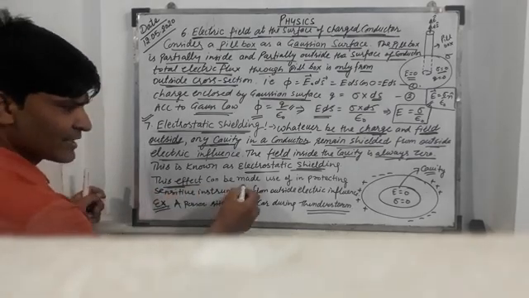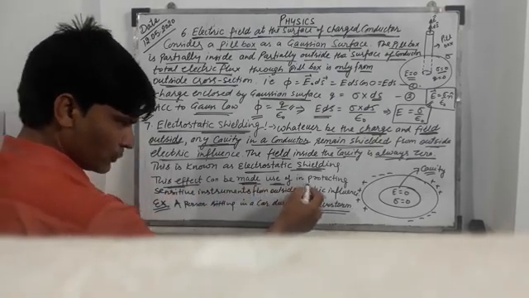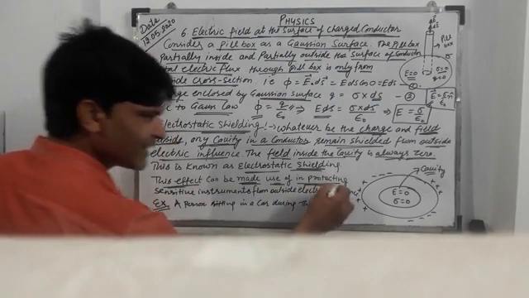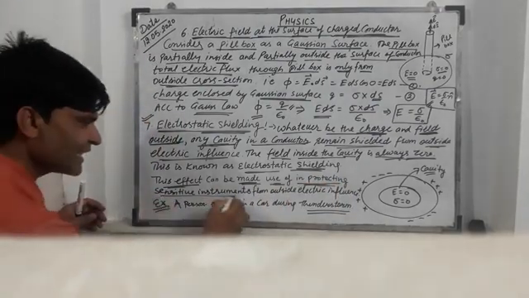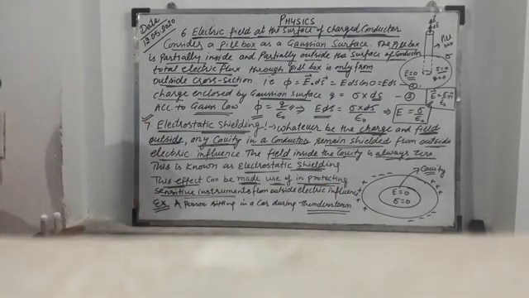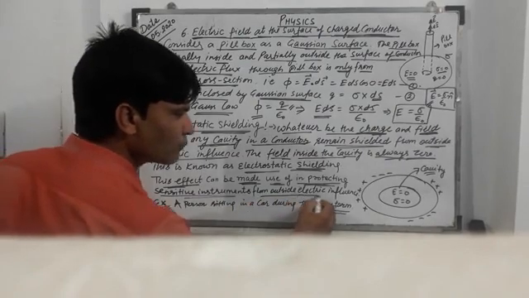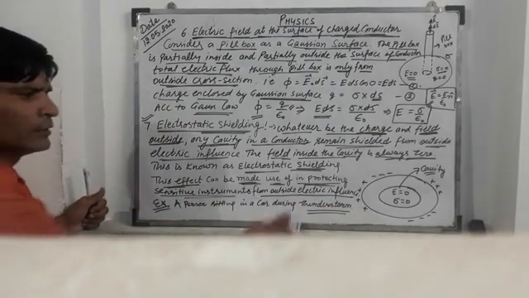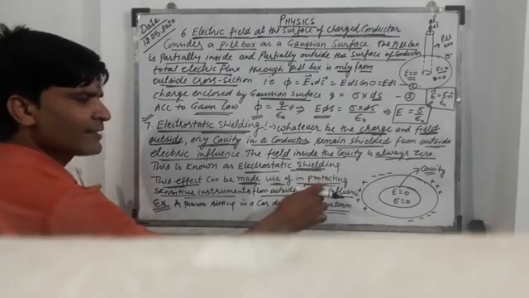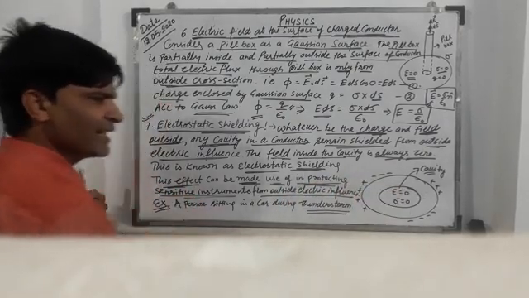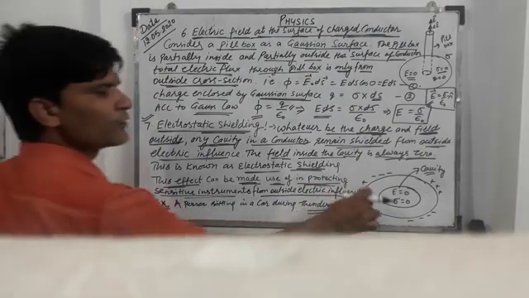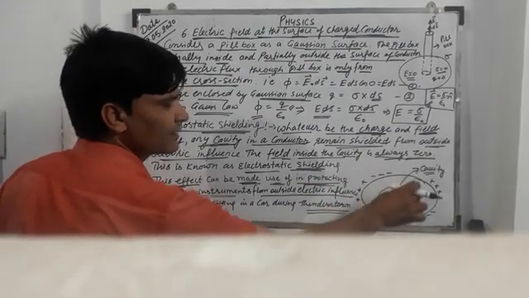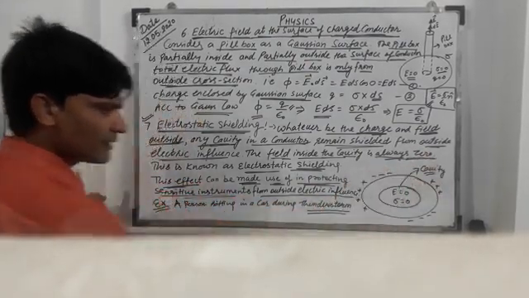This effect can be made use of in protecting sensitive instruments from outside electric influence, because no electric field can affect the instruments which we put in the cavity, as it is shielded.